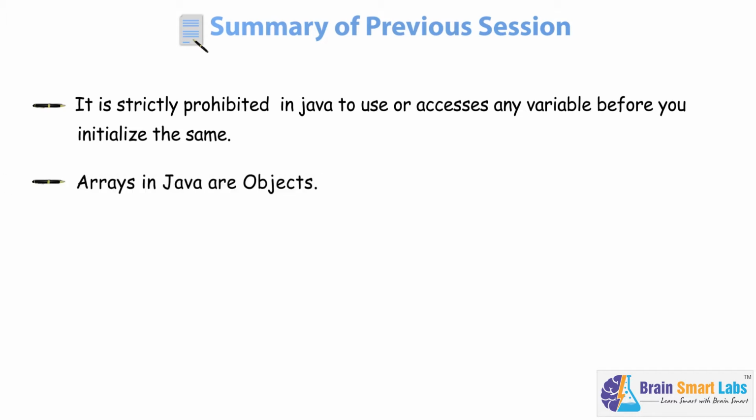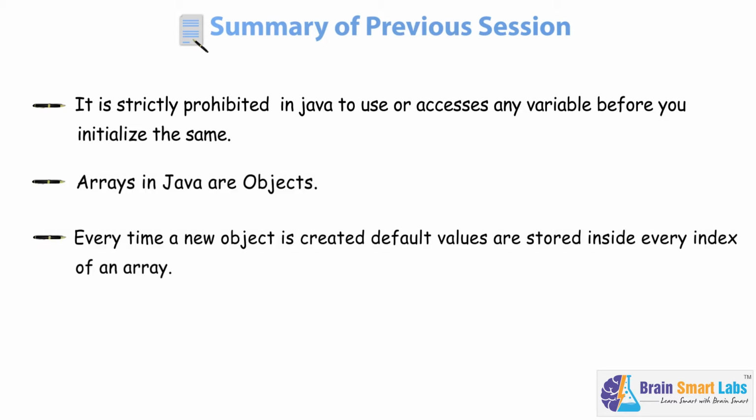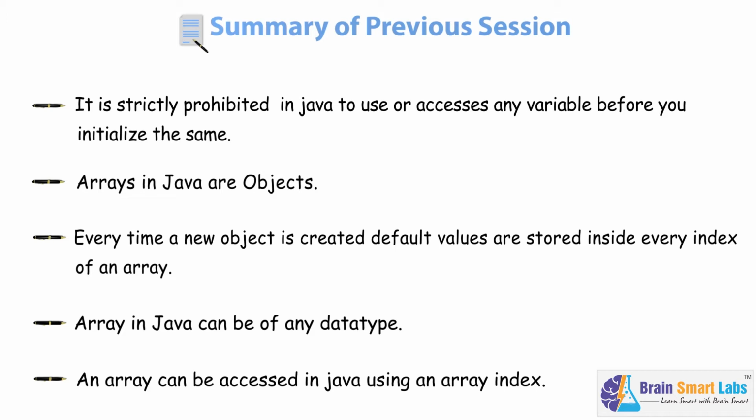Arrays in Java are just objects, and every time a new object is created, default values are stored inside every index of an array. Arrays in Java can be of any data type, and an array can be accessed in Java using something called an array index.